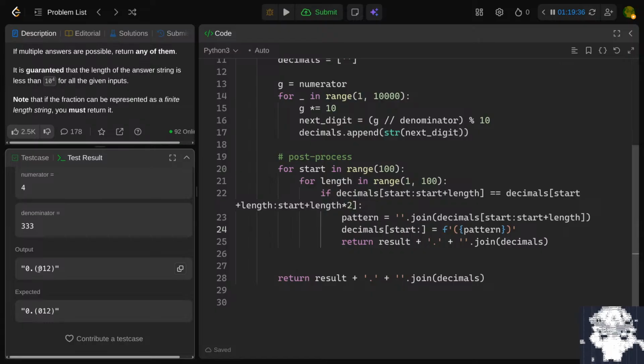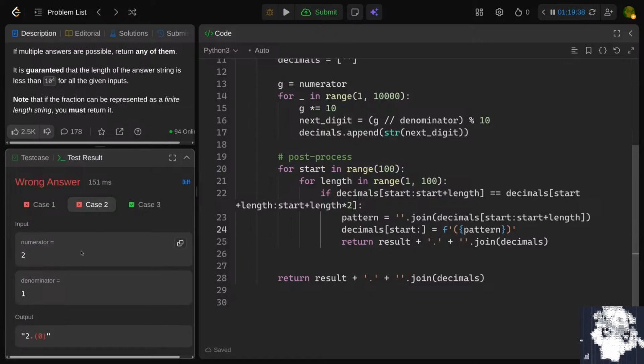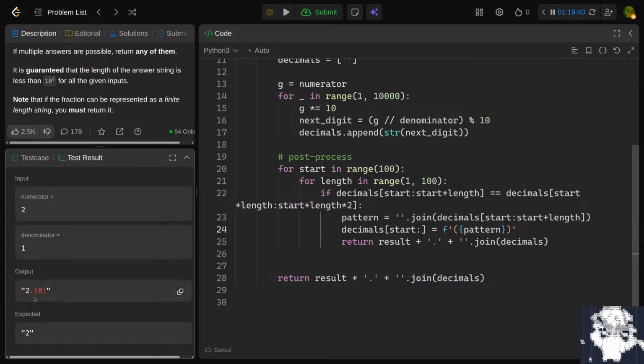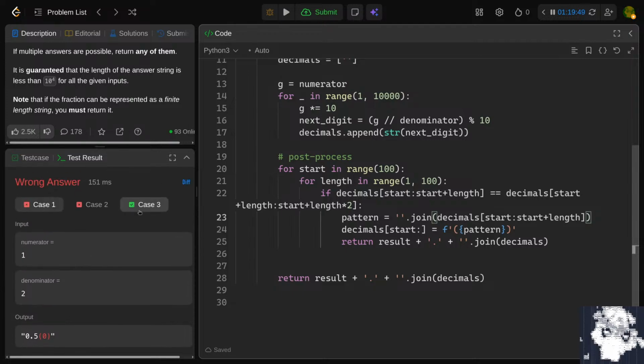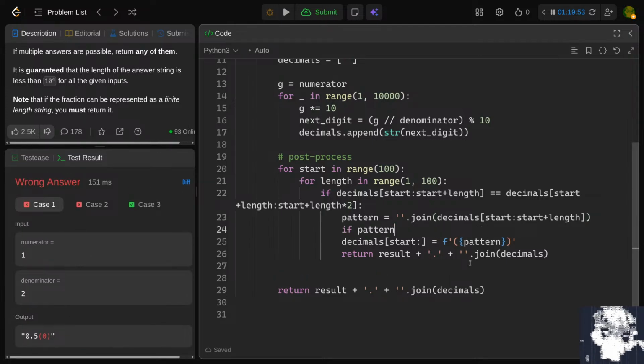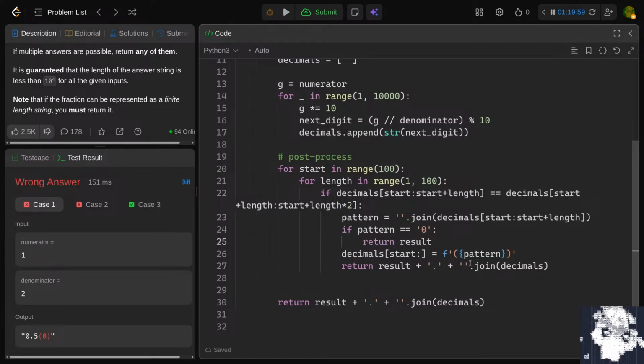Okay, 0 and then repeating 0, 1, 2. This is true, but there's a different way that it wants us to write this, which is if the pattern is 0, don't include it. Or, yeah.